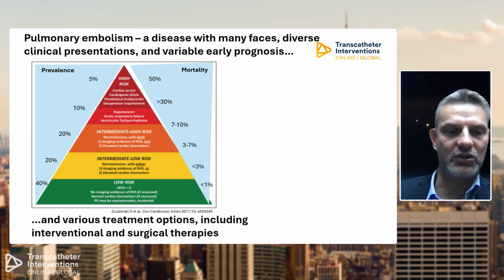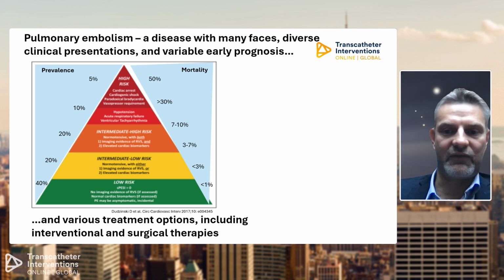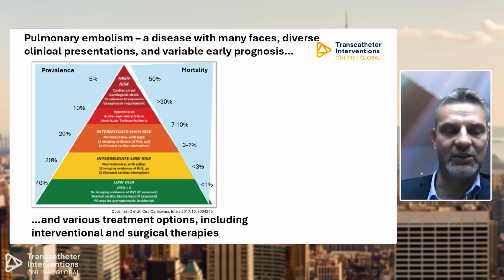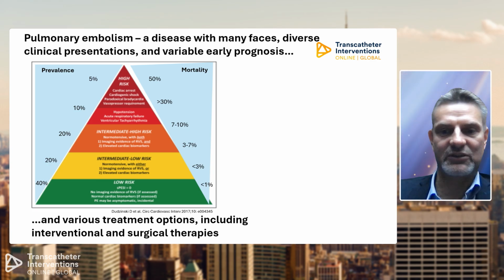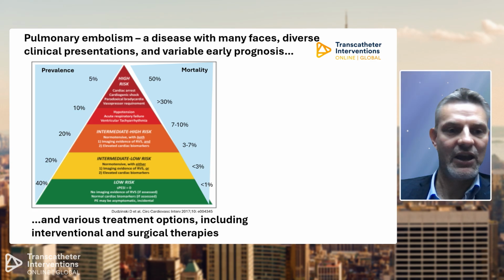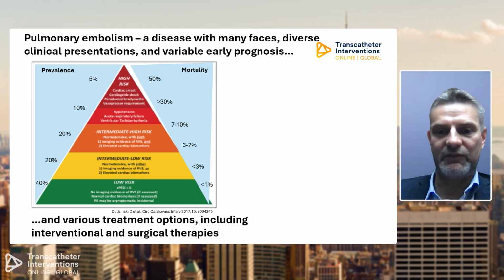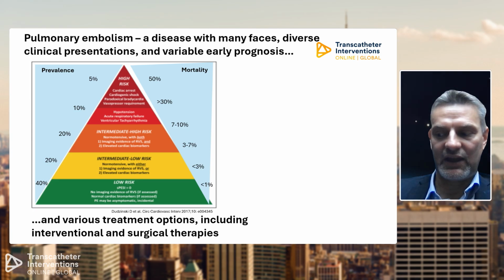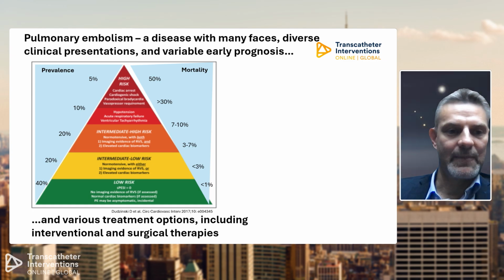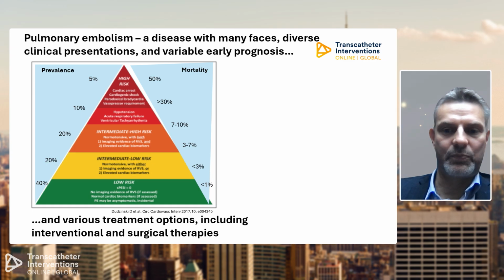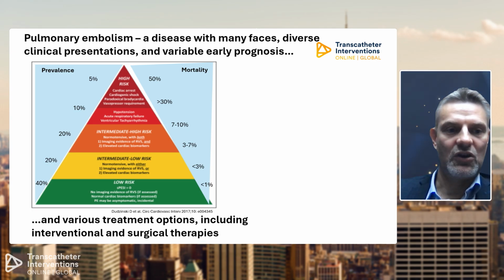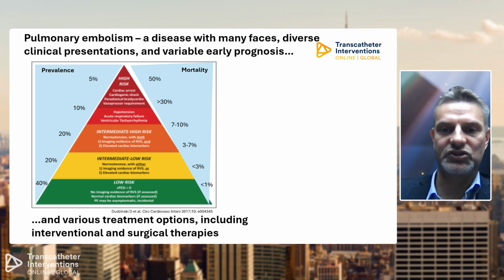They have no shock, but they have right ventricular strain and elevated markers like troponin or NT-proBNP. High-risk or massive PE patients are patients with hypotension requiring vasopressors, and these are also patients with cardiac arrest or refractory shock, and these patients are called catastrophic PE patients.